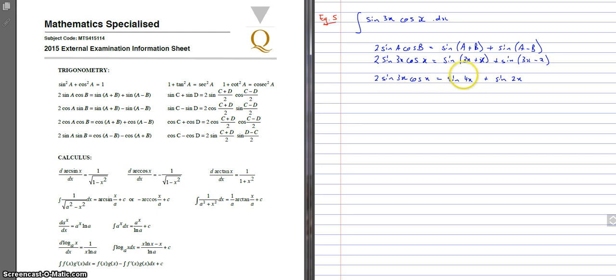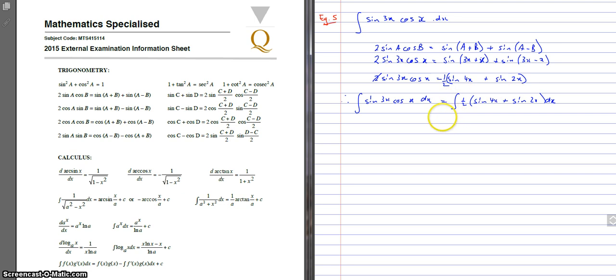And what we can do is, of course, if we just divide by 2, we can write that as a half on the right hand side. So now we can write our integral of sine 3x cos x dx would be the same as the integral of 1/2 sine 4x plus sine 2x.